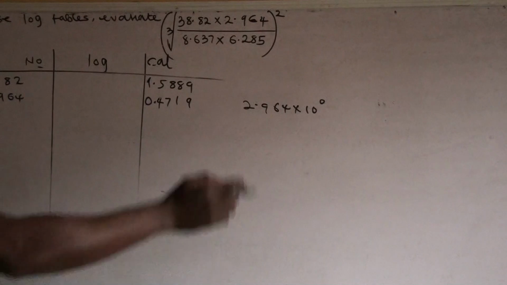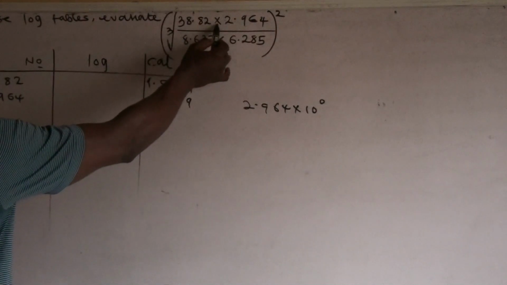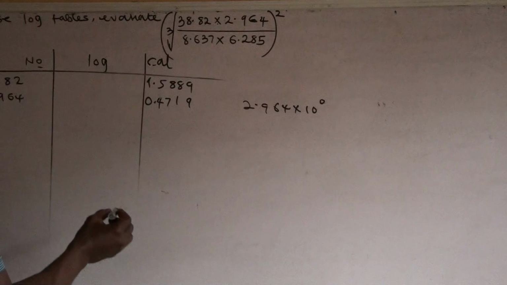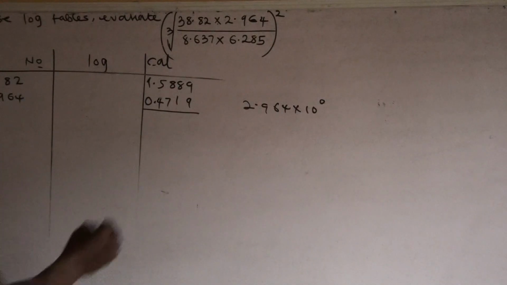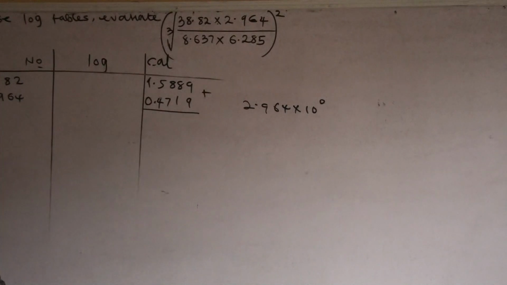Okay, and from logarithm we are seeing multiplication here. What we need to do is add these. We add this first.